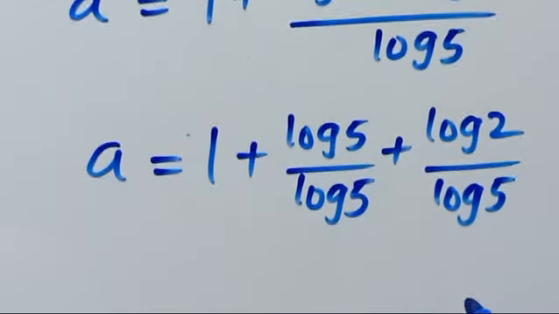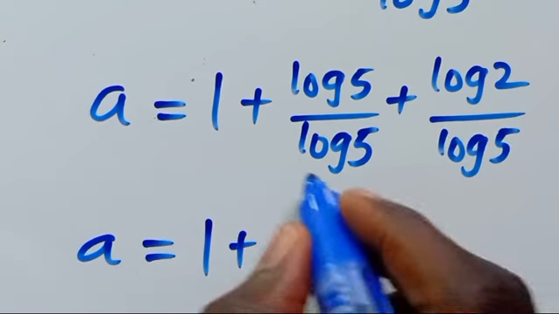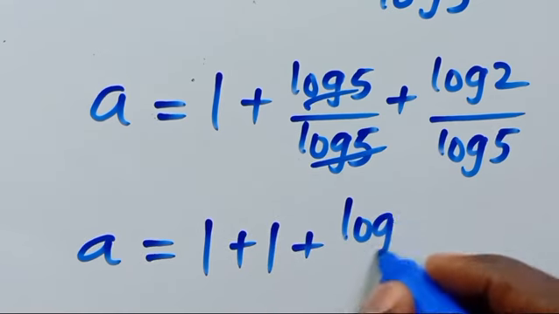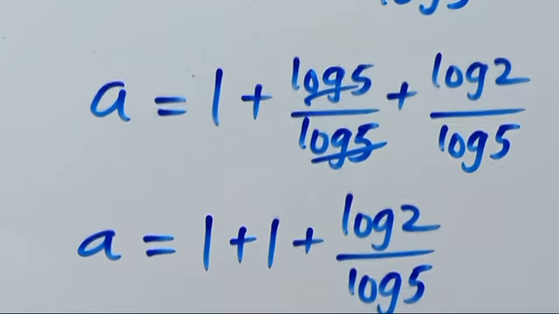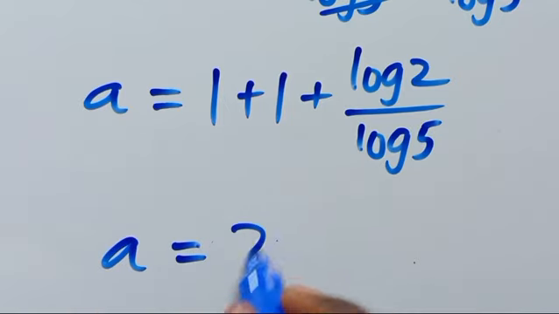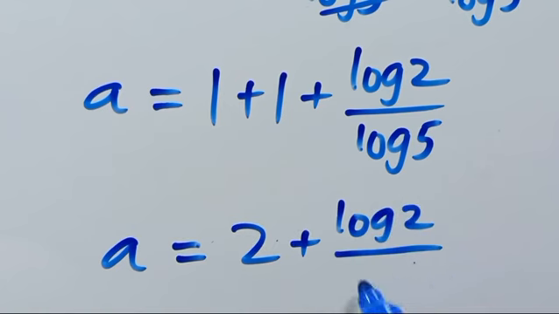A will be equals 1 plus, when this divided by this is 1, plus log 2 divided by log 5. 1 plus 1 will give us 2 plus log 2 divided by log 5.